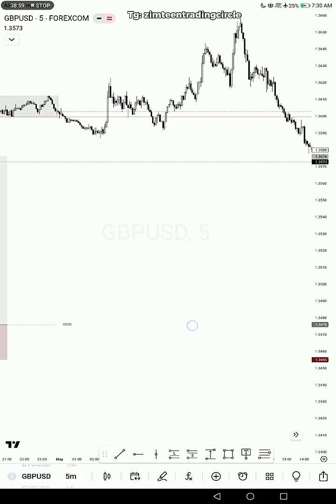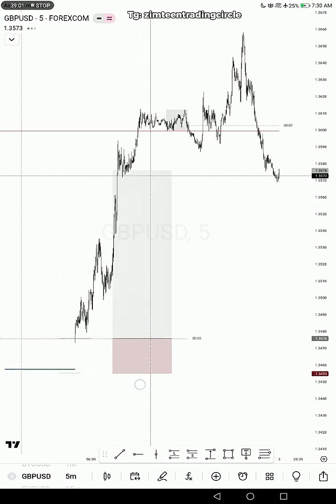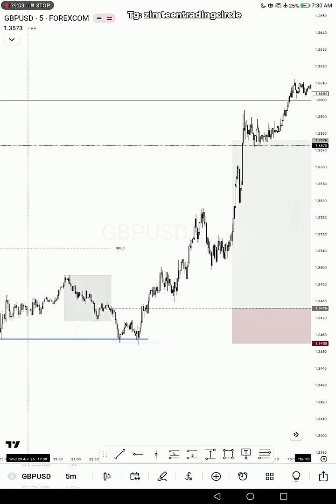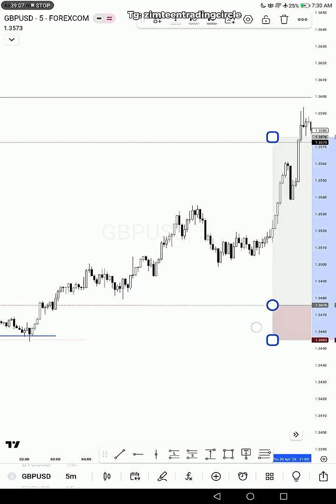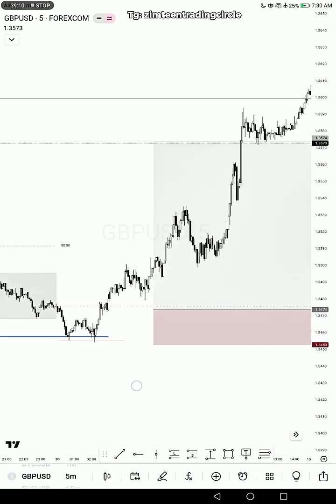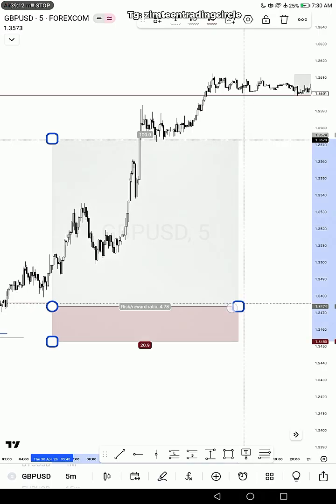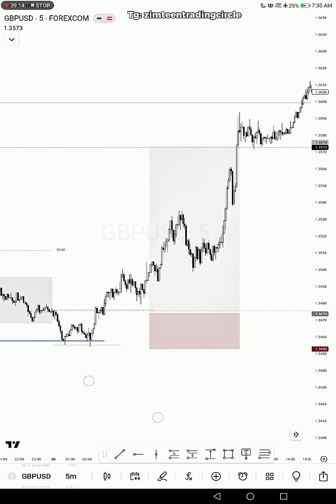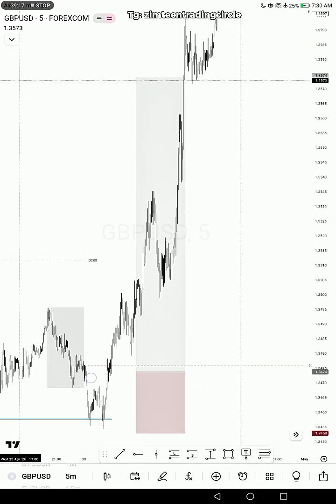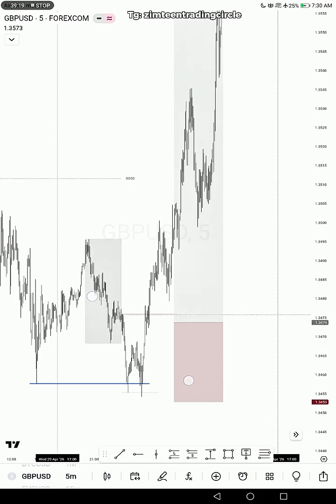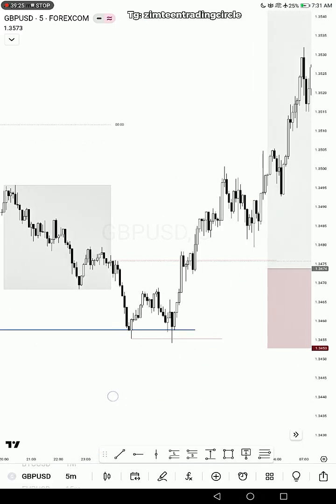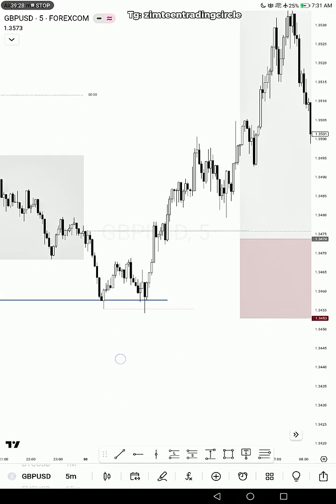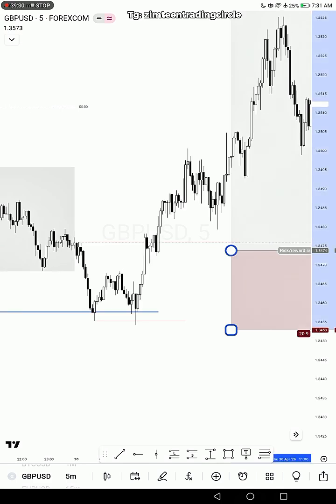So on the 5 minute time frame right here, yes, we can clearly see the liquidity sweep.